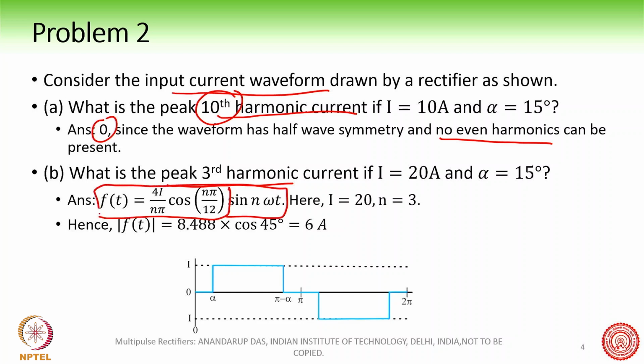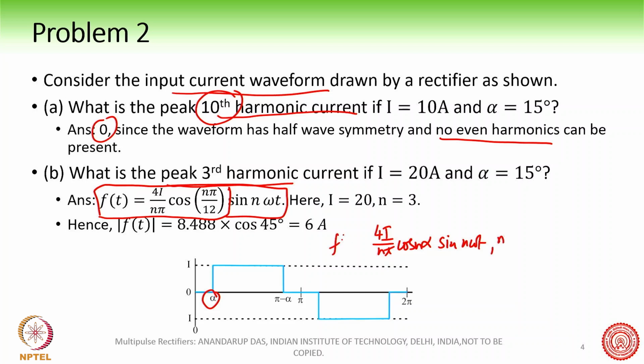This was the formula of the magnitude of the nth harmonic, 4I by n pi cos n alpha. Here alpha is this alpha, so the general formula is 4I by n pi cos n alpha sin n omega t, for any nth harmonic, right?